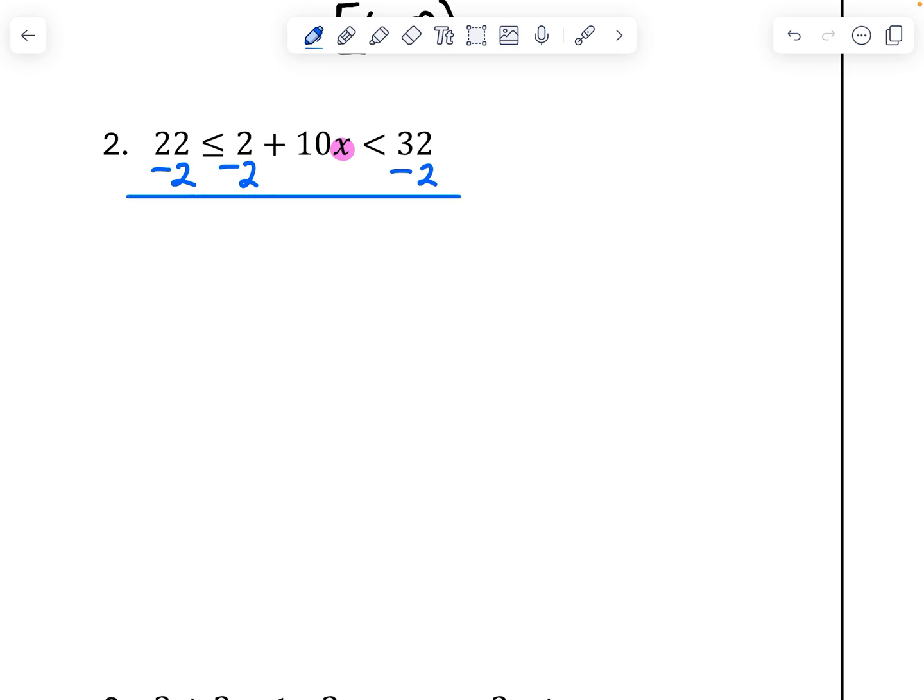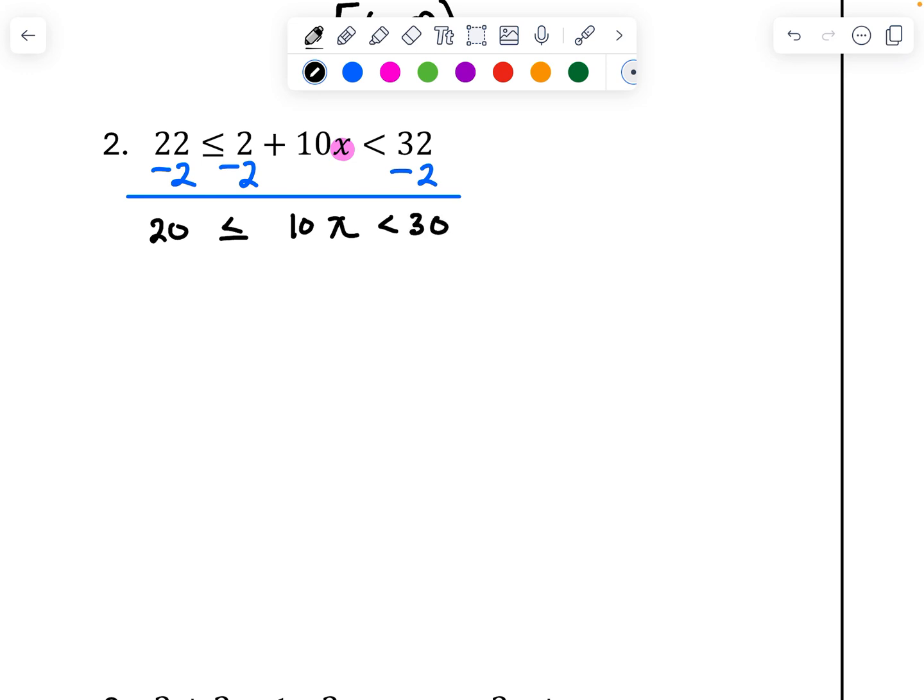The left section, the middle section, and the right section. That is going to give me 20 is less than or equal to 10x, which is less than 30. 22 minus 2 is 20. 2 minus 2 cancels, and 32 minus 2 is 30.